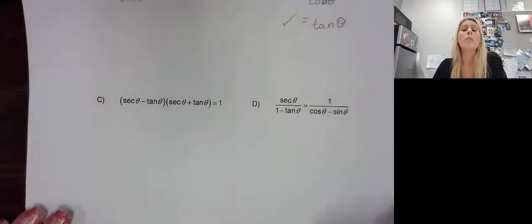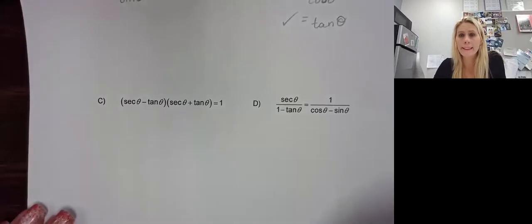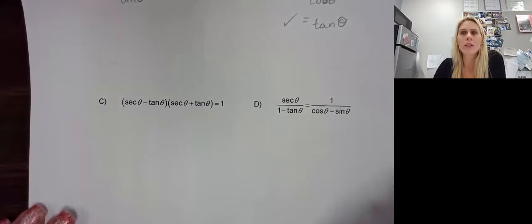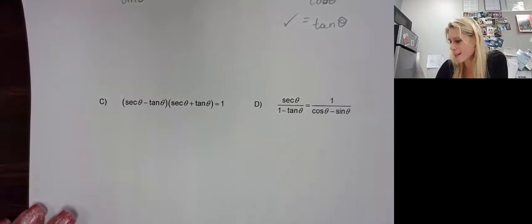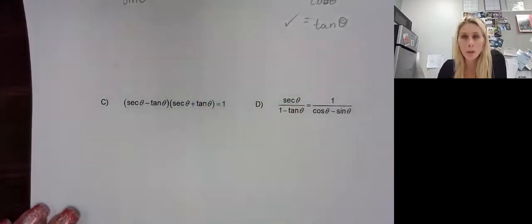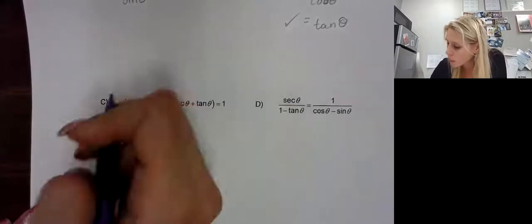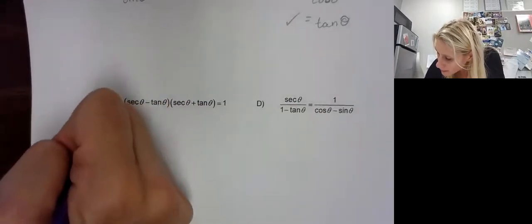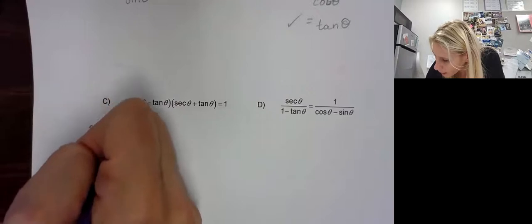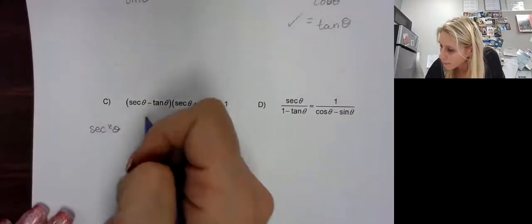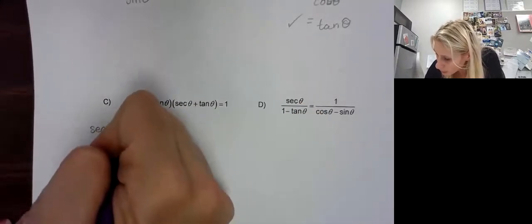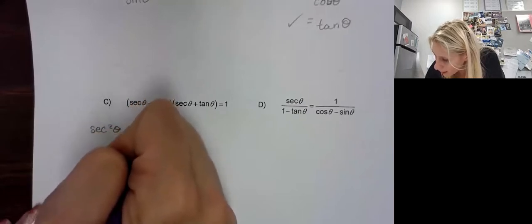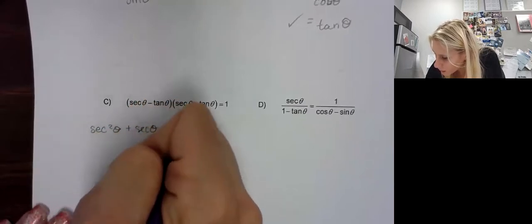Another one. Okay, more complicated side, of course, is the left side. So the first thing I'm going to do is multiply these binomials out. Now, if for some reason you think, hey, I just don't want to be missing a step, then write down what the step is. But right here, I'm going to multiply this out, or FOIL, depending on what you want to do. So secant times secant is secant squared. Secant times tangent is just a positive secant theta tangent theta.